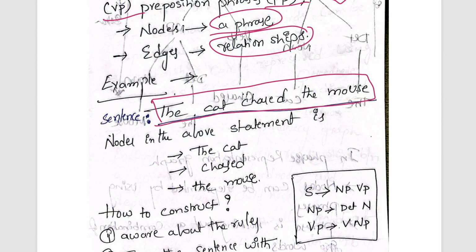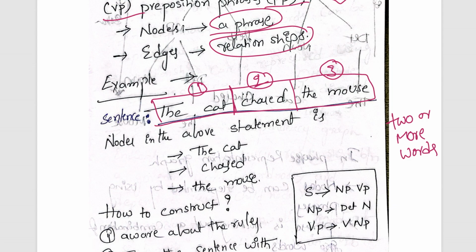From this given sentence, we need to divide the phrases. Remember, a phrase is nothing but a combination of two or more words. Here, chased is the relation, it's nothing but a verb, and then the mouse. So from this given sentence we divided three phrases.